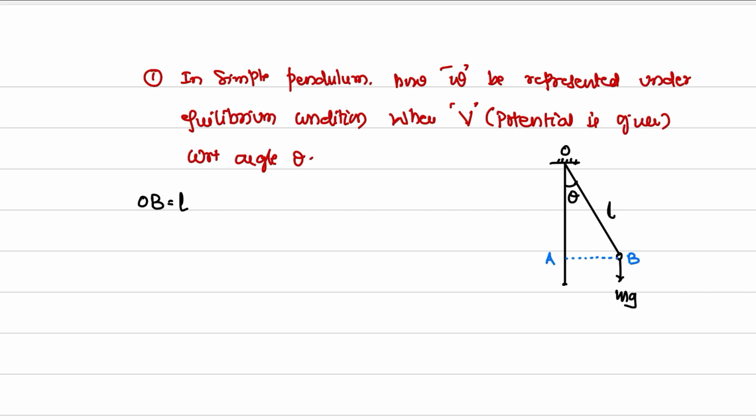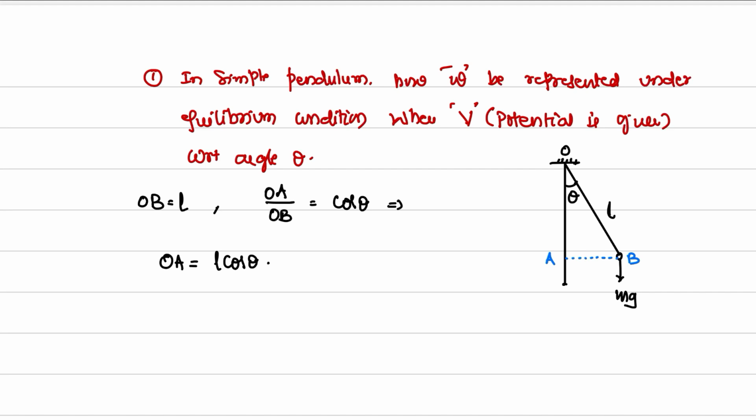Then, adjacent side OA by hypotenuse OB is equal to cos theta. That means OB is equal to L, so that OA is equal to L cos theta. Do you agree?